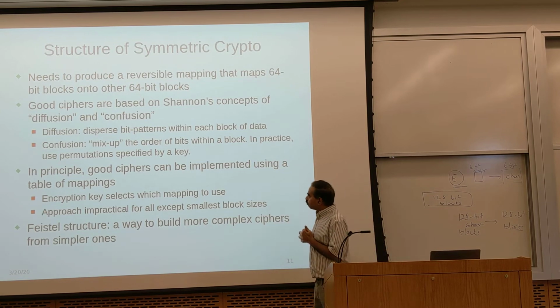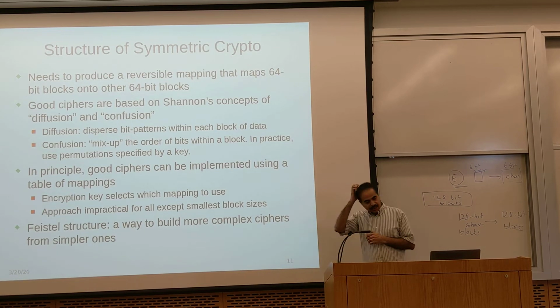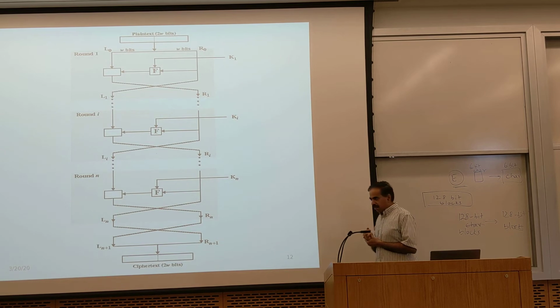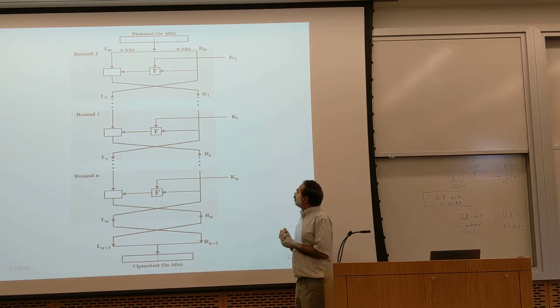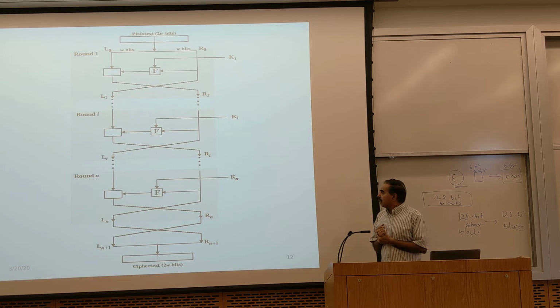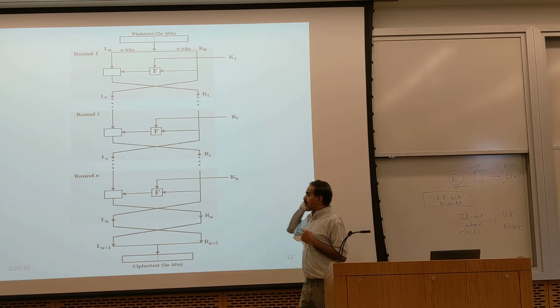Okay. So a typical symmetric key cryptography algorithm uses these diffusion and confusion operations, but it uses them many times. These are called rounds.